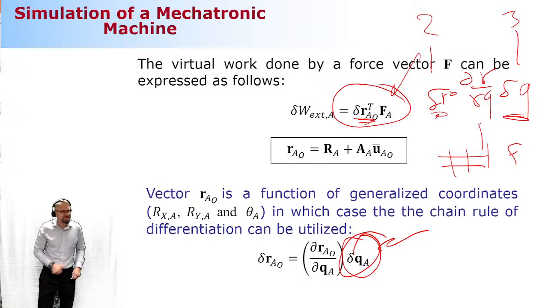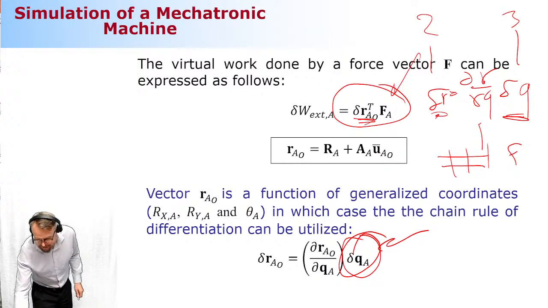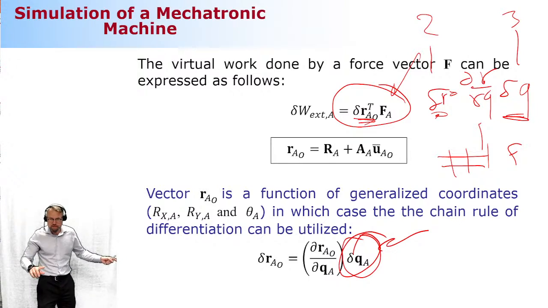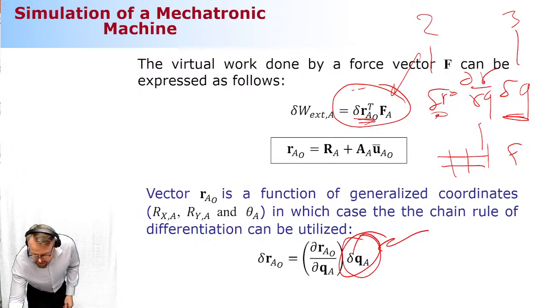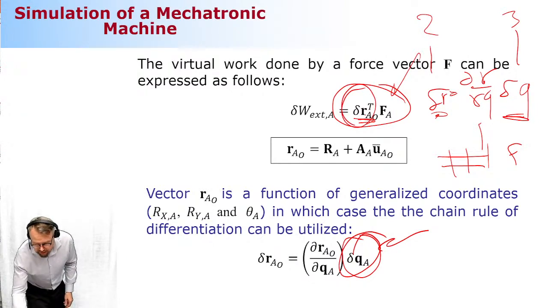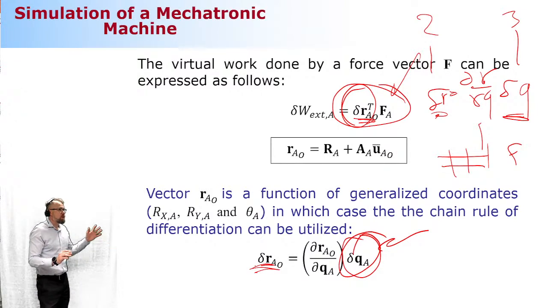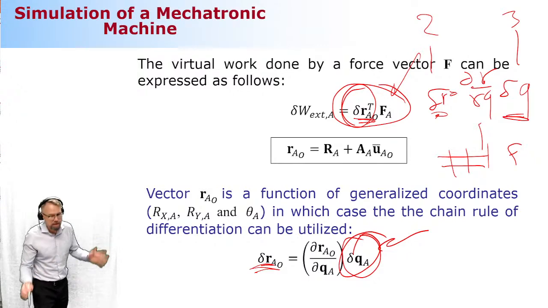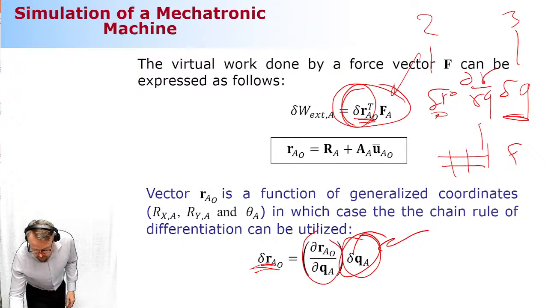Fantastic question. All right, so I was here. This delta r can be expressed in such a way that it relates our global and generalized coordinates. This is the one doing the relation.